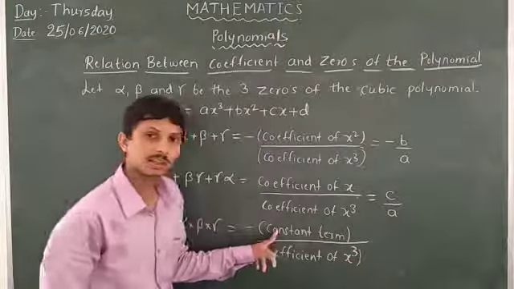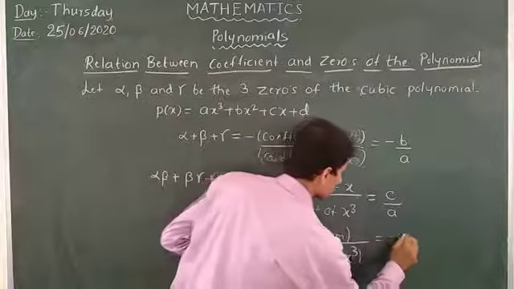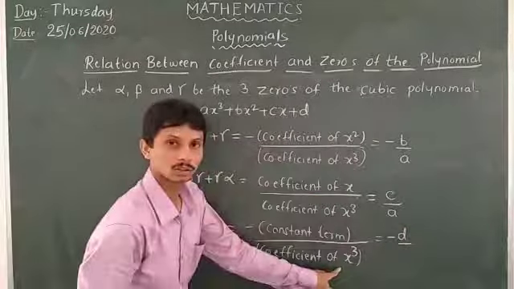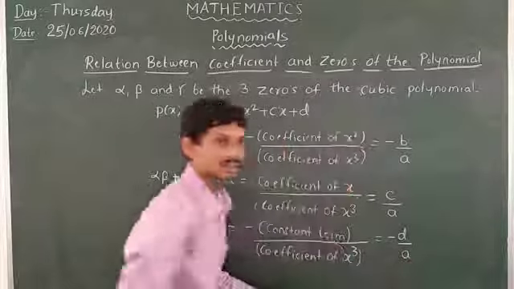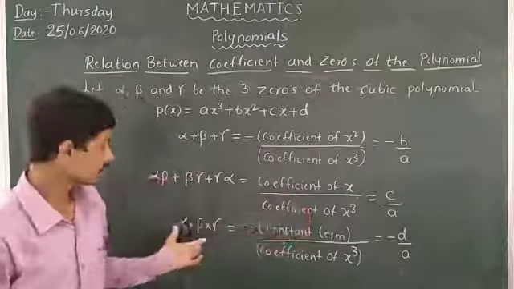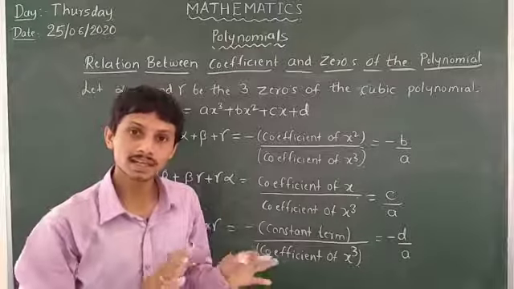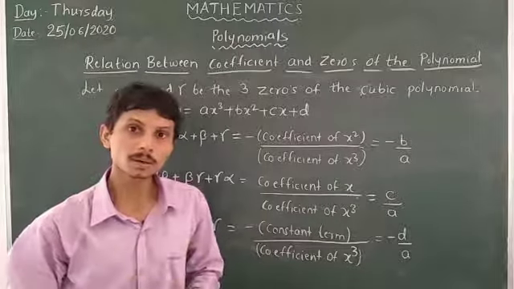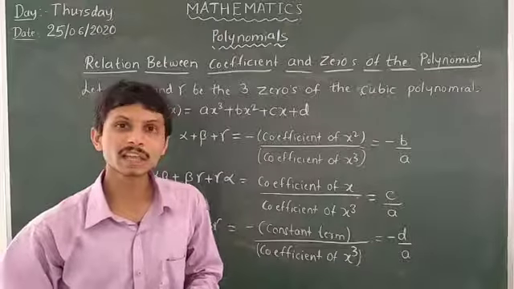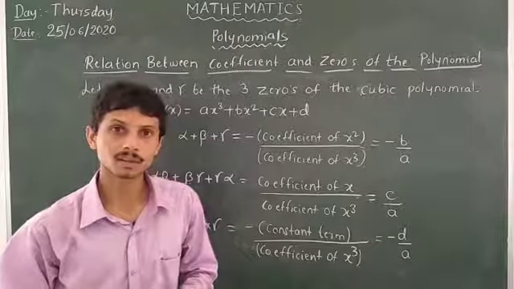What is the constant term here? d is the constant term. Minus d divided by the coefficient of x cube a, so minus d by a is the product of the 3 zeros. These are the 3 formulas relating the coefficients of a cubic polynomial with the zeros of the polynomial.